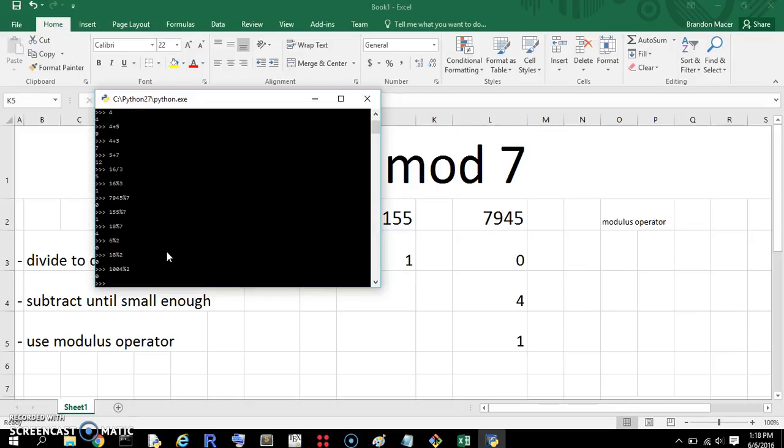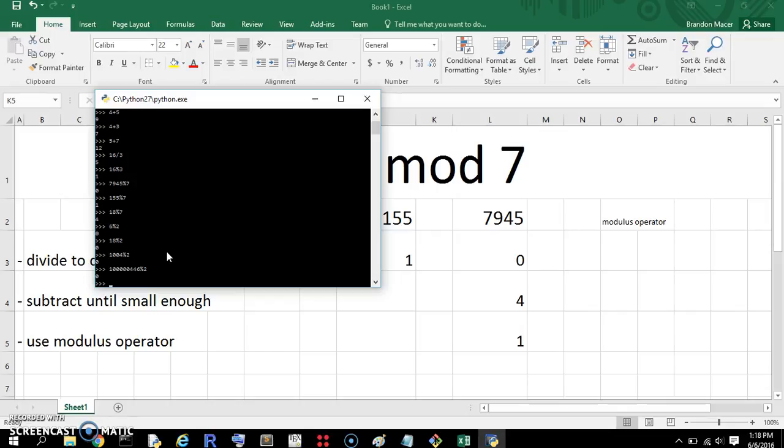In fact, any even number, 1,046 mod 2 equals 0. Any even number mod 2 equals 0.